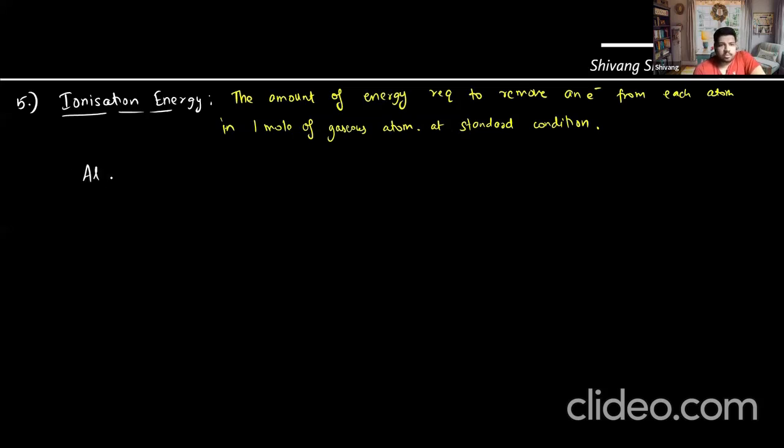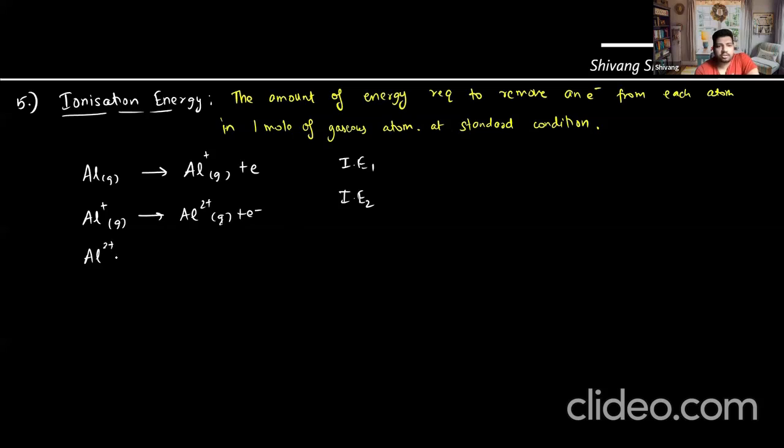For example, we have aluminum gas. We remove an electron, it becomes Al+ gas plus an electron. This is called IE1, first ionization energy. If you remove the second one from it, it will form Al2+ and it will be IE2, second ionization energy.